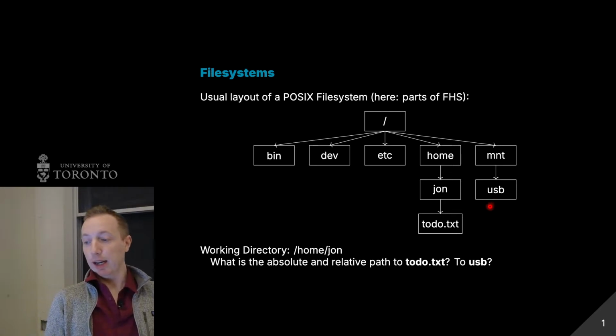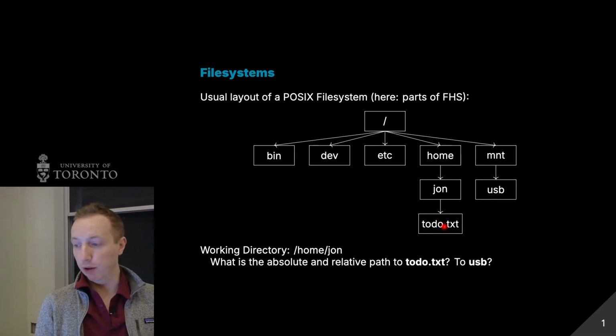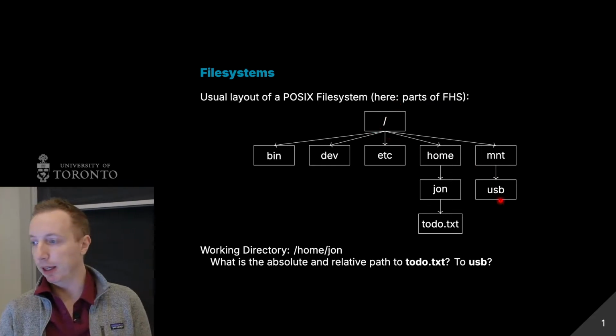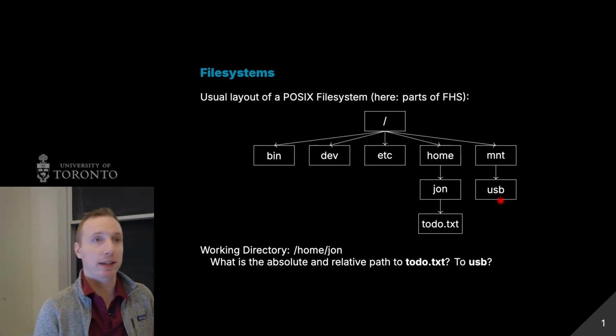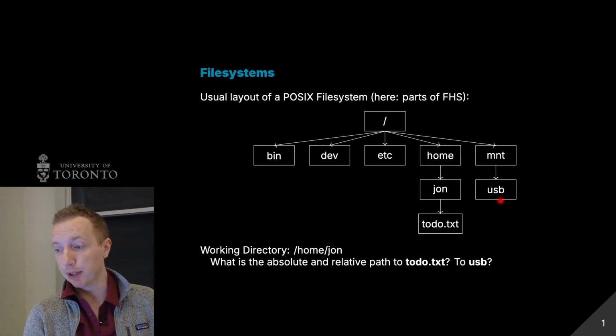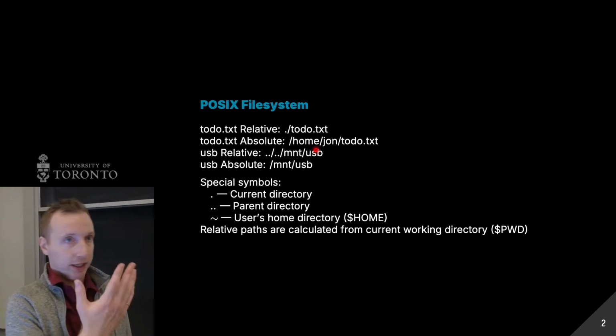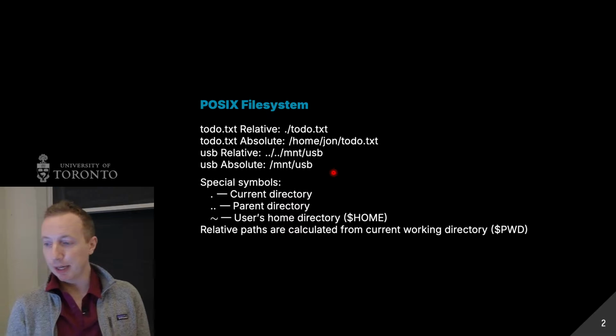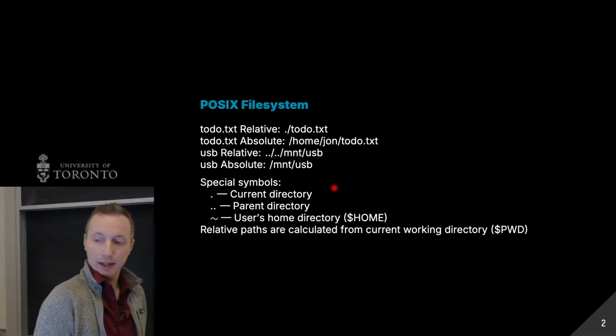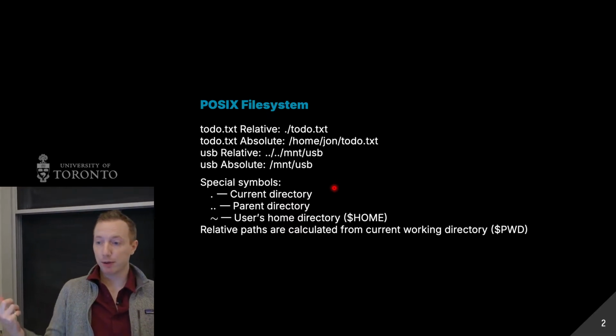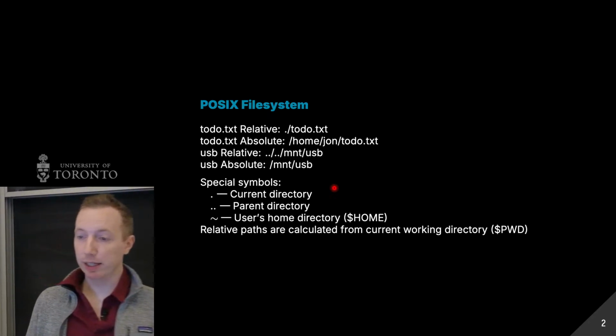While the absolute path to this file would be just /home/John/todo.txt, and to USB it would just be /mnt/USB. All stuff we probably have encountered now. We're just going to get into details on how to actually store this as we go on. So those are the answers, just in case you didn't have them. And the special symbols, again, dot is the current directory, and dot dot is the parent directory.